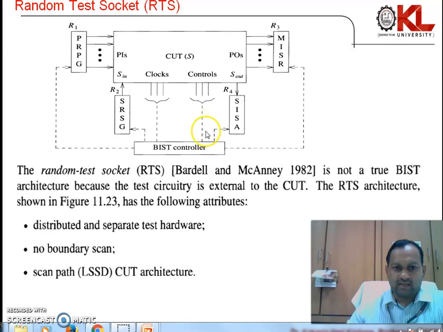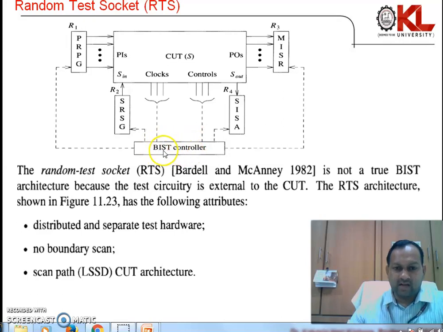In this architecture, you can observe the pseudo-random test generator connected to the CUT, and the CUT connected with the MISR and R2 registers SR, SG, and R4 register SI, SA connected to the BIST controller. This BIST controller is connected with the clocks and signal generators.